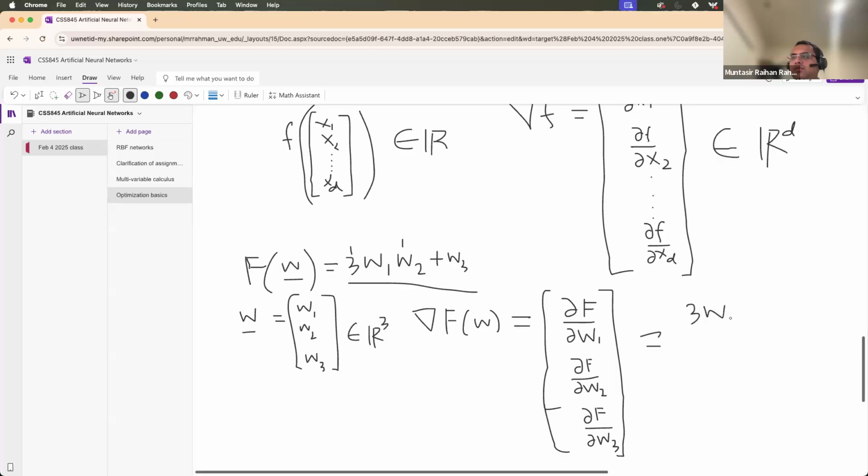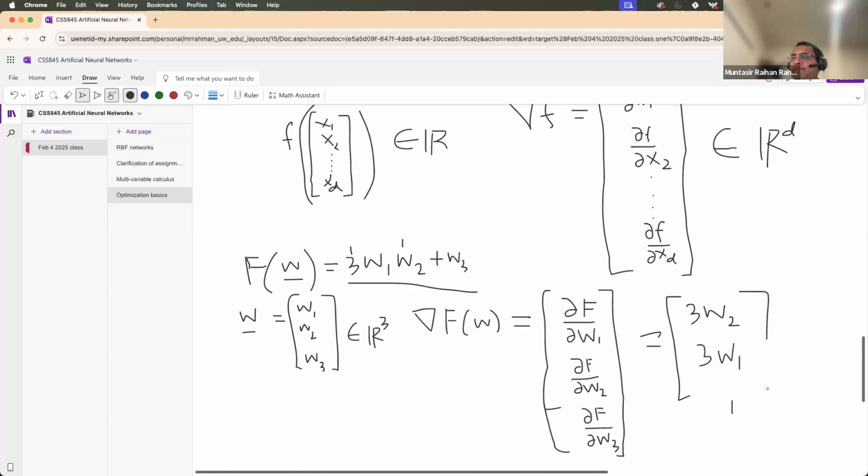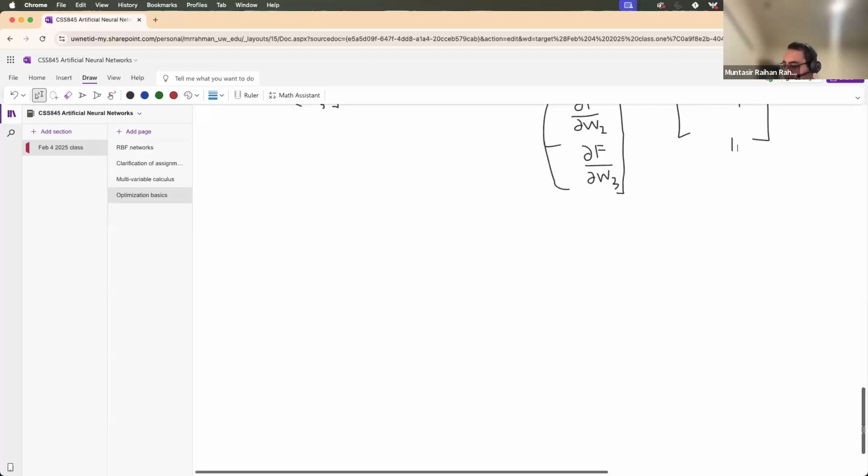Very good. And then what is the derivative with respect to w2? 3w1. 3w1, yes. And then finally, with respect to w3, what should we get? 1. 1. Yeah, exactly. Okay, very good. All right.